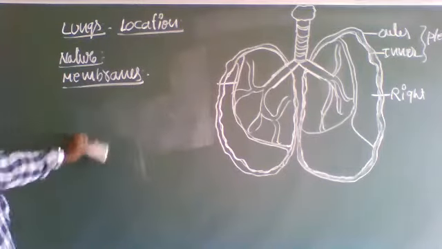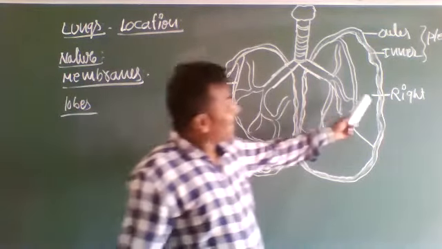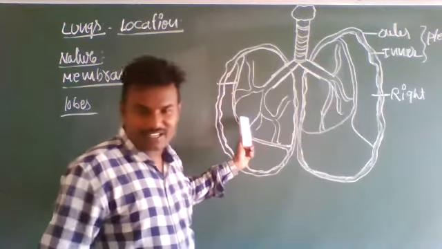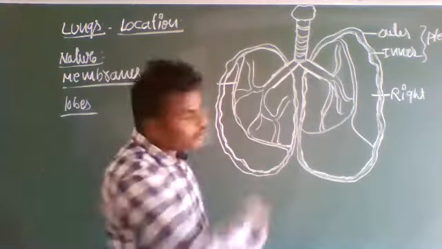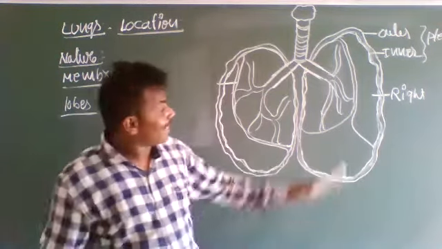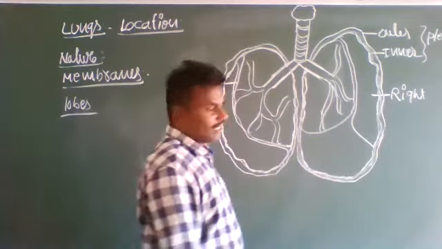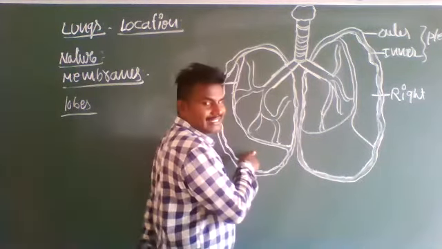Next one is lobes. The right lung is larger than the left lung. If you observe the lungs diagram, the right lung is a little bit larger and the left lung is smaller.